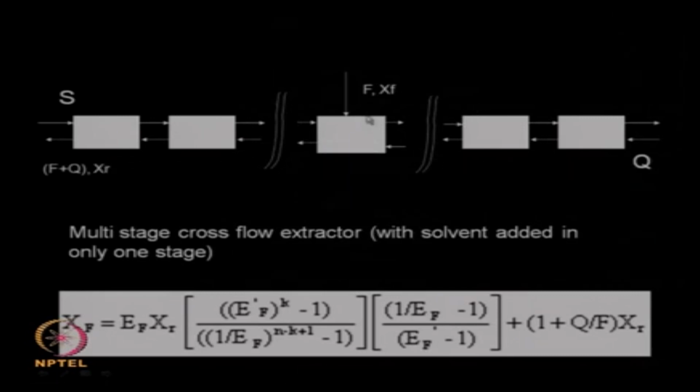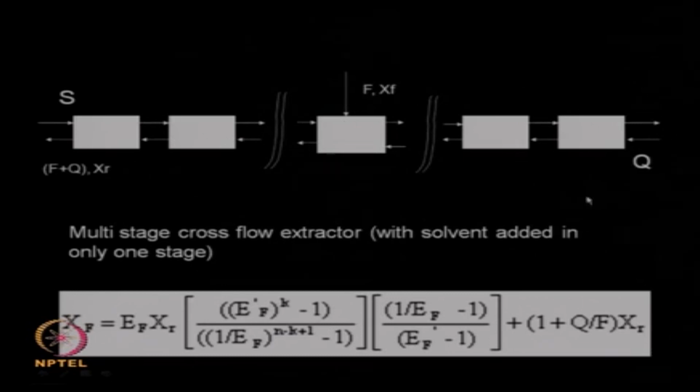If you look at this side you will have Q as your heavy liquid and S as your solvent flow, whereas if you look at this side you will have F plus Q coming in and F plus Q going out, and S is your solvent flow.